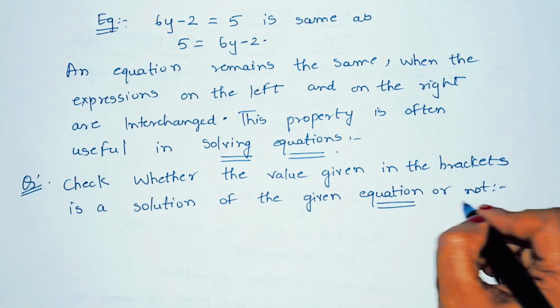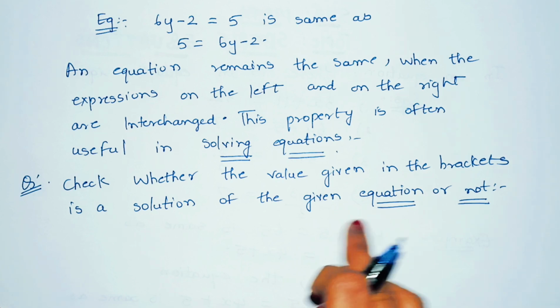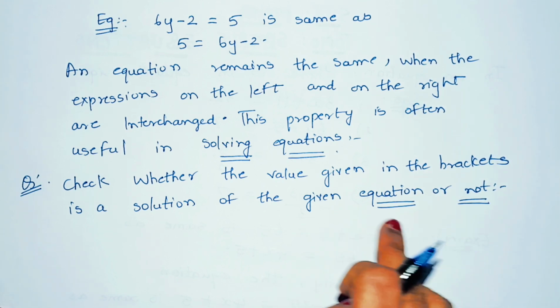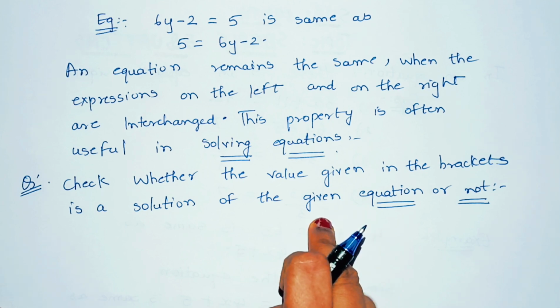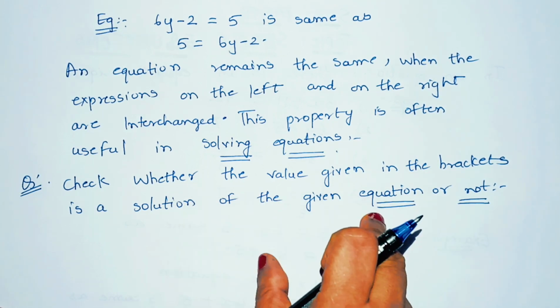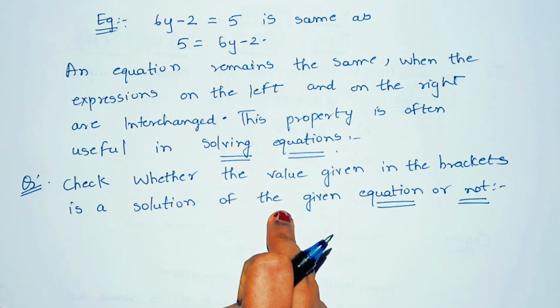It means they have given you some value of the variable, for example, x is equal to 1, n is equal to 2, y is equal to 3 and so on. Okay, you have to check. How will you check? You have to check whether the value which is given in the bracket is a solution of the given equation. Now how to find out the solution of the given equation?